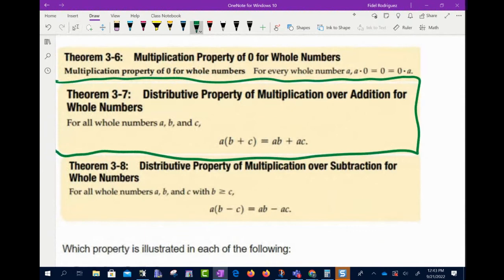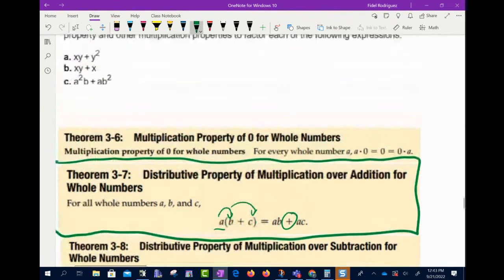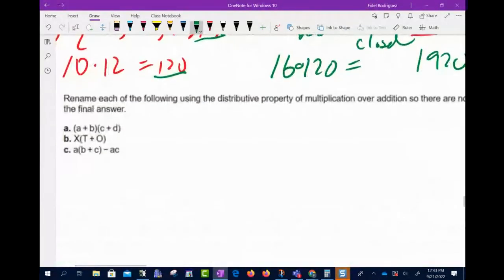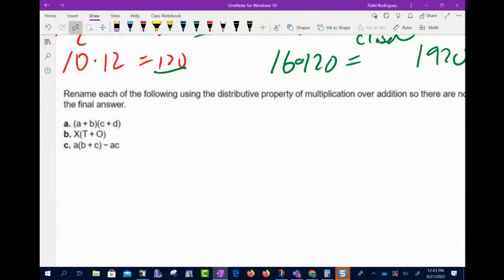The distributive property of multiplication over addition just says, if you're multiplying a number A times this quantity B plus C, you can multiply those and then add them together. The reason why I wanted to go over that first is because the two previous problems say to use the distributive property. So I really should have moved this up a little bit higher. Apologies.